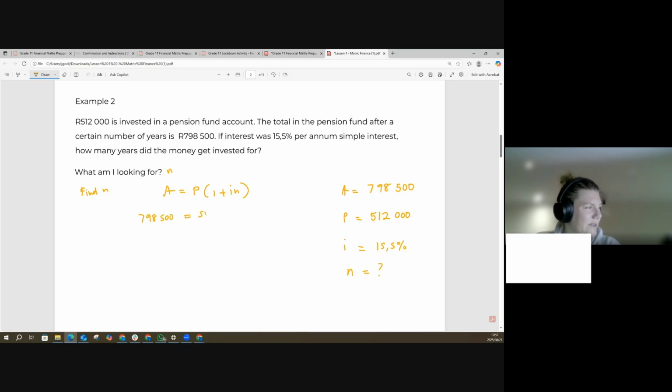798,500 equals 512,000 times (1 plus 15.5% times n), which we don't know. So let's see, 798,500 divided by 512,000.